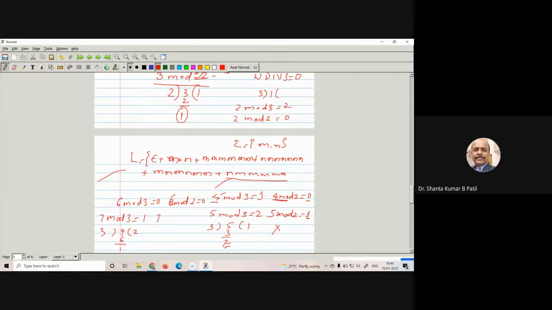And 7 mod 2 is also 1. Hence, W may be 7 symbols. Okay, MM, MM, MN, N. So like that, it may be 7 symbols.